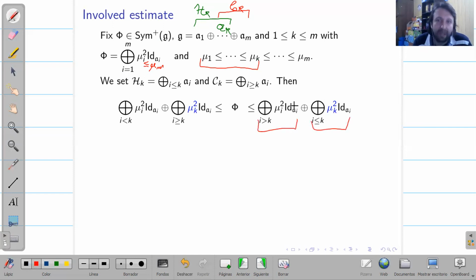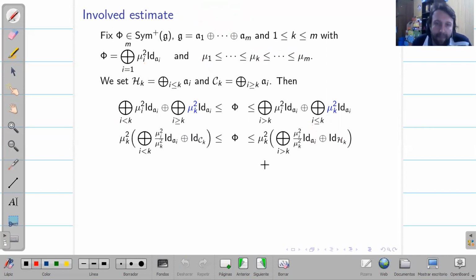And the rest are the same. And in an analogous way, on this side, for i greater than or equal to k, mu i is greater than or equal to mu k. So only this changes and the rest stay like they were, right?